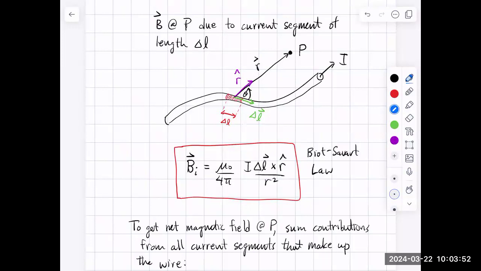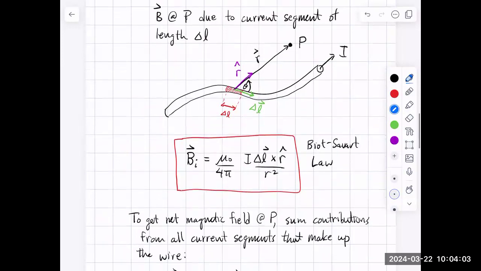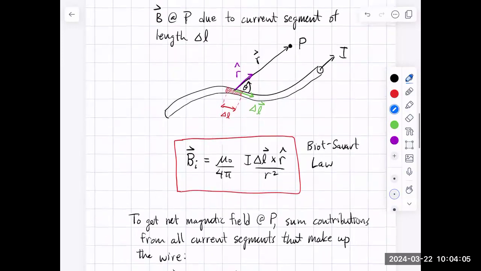If we wanted to calculate the magnetic field due to just that red little segment, it would be given by this so-called Biot-Savart Law.